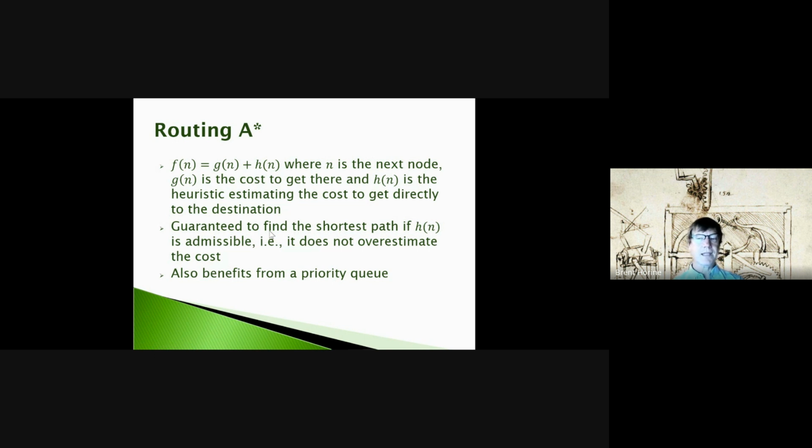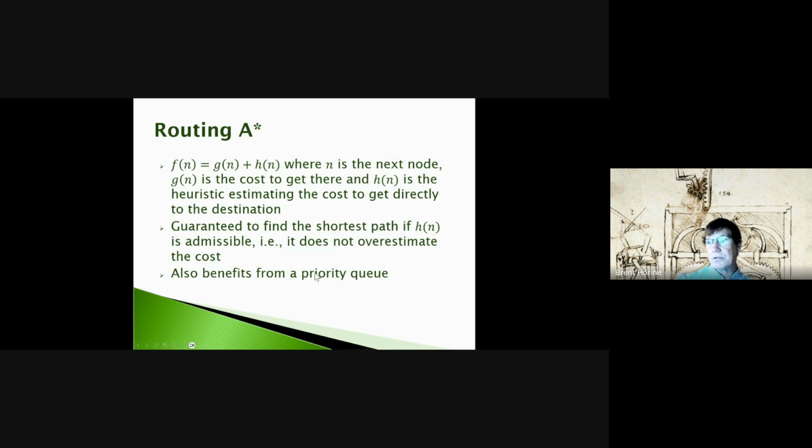Well, if we can calculate the straight line distance from this next node n directly to our destination, we know from high school geometry that the shortest distance between 2 points is a straight line, right? So if we use the as the crow flies type distance for H of n, then it will be admissible. And in that case, it will be guaranteed to find the shortest path.